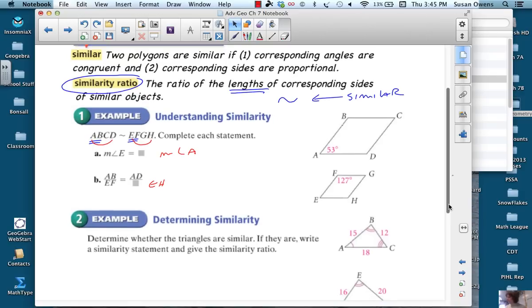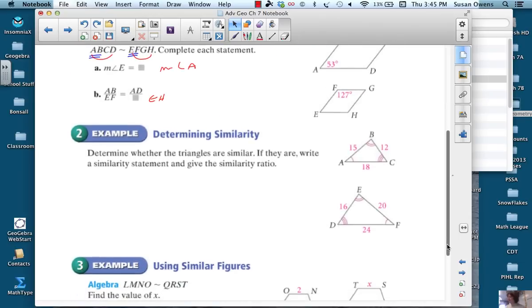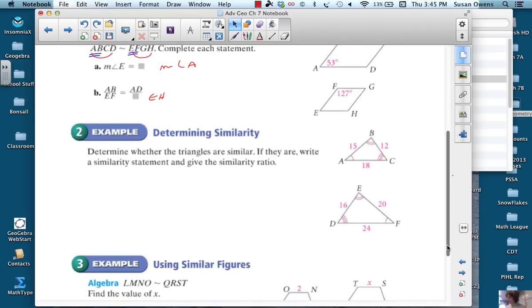So to determine whether polygons are similar, by definition of similarity, I need to make sure that we have three sets of congruent angles. So if you look at this diagram, I do. Angle A and angle F are congruent, and then I also have B and E, and then I also have C and D. And then I also have to make sure all three sides are in the same proportion.